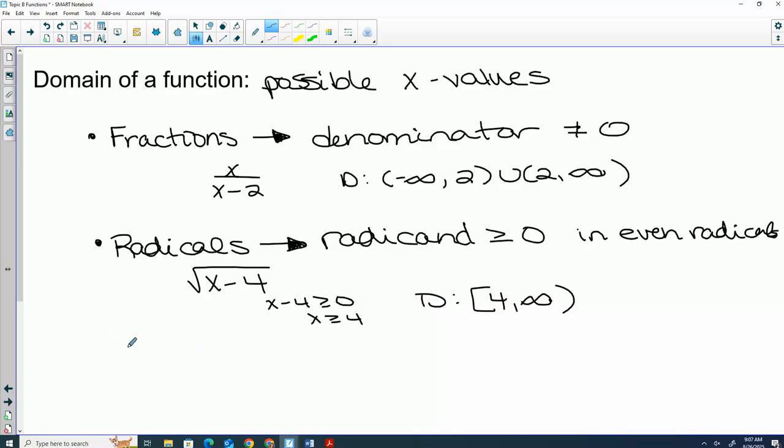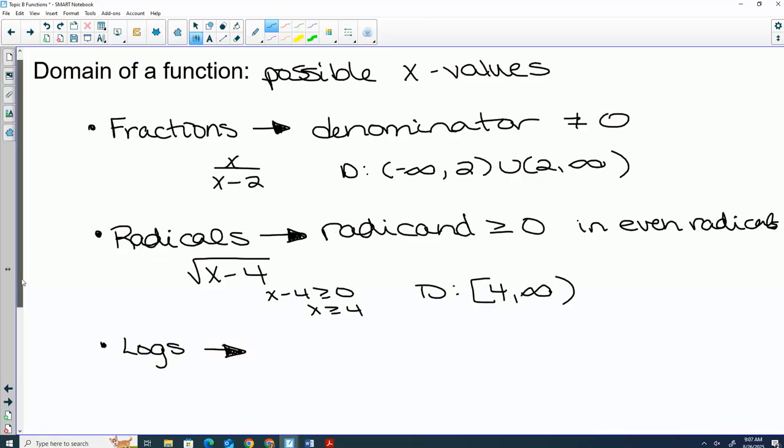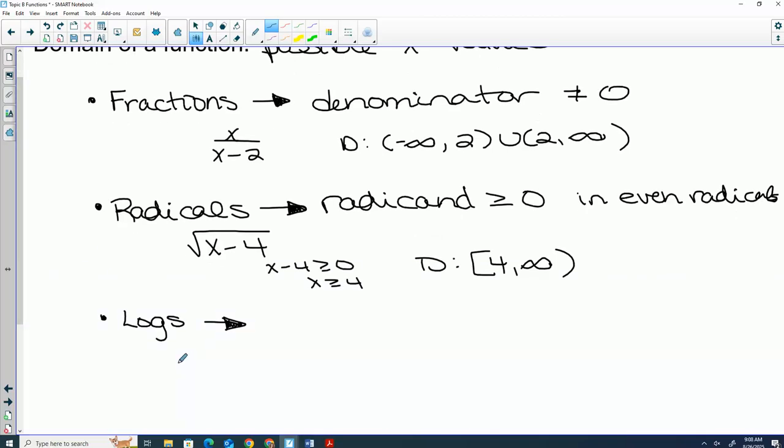And the last thing that we need to touch on would be logs. So if I said natural log of 3x minus 1, what did we have to remember there?